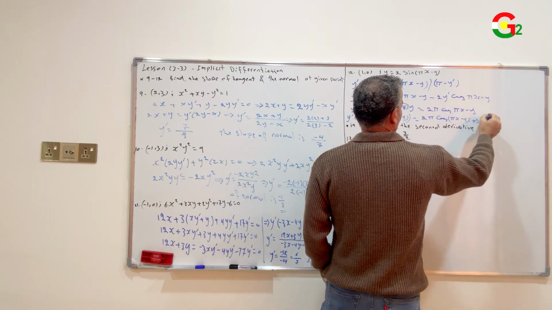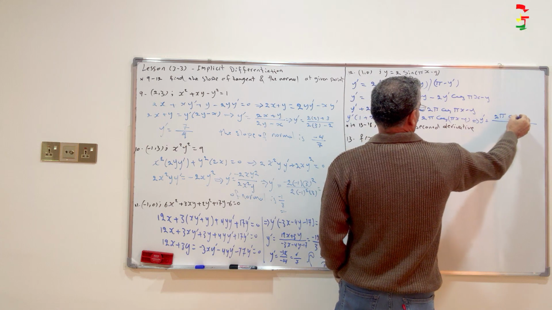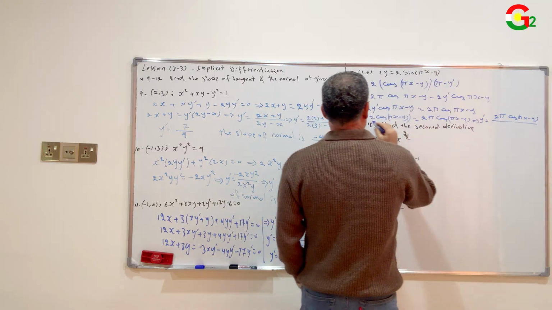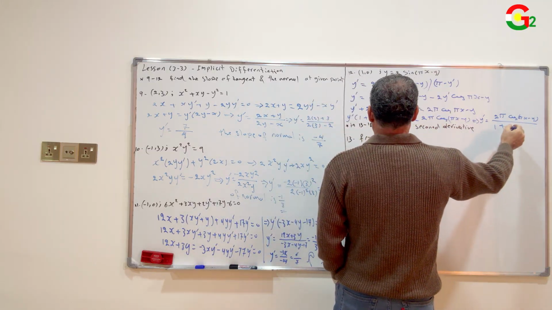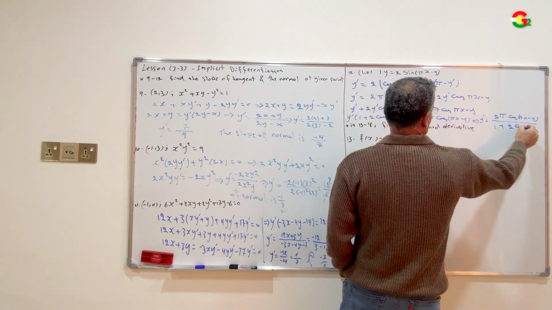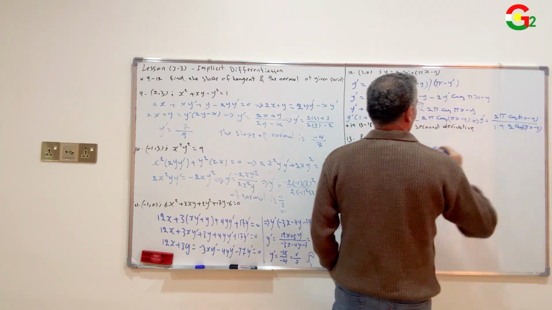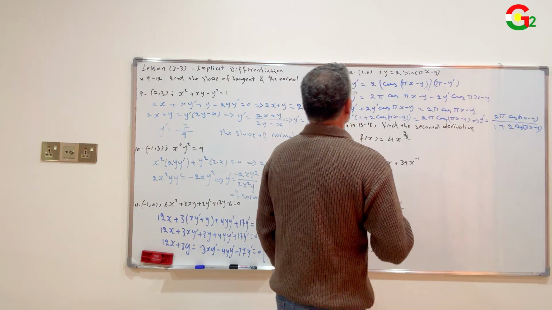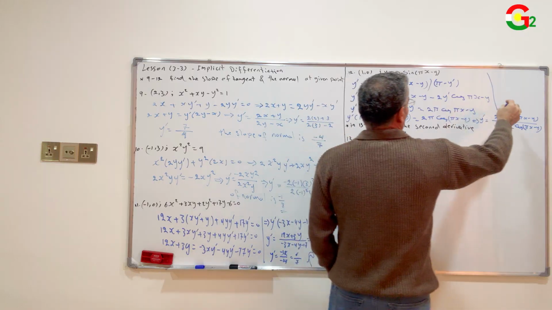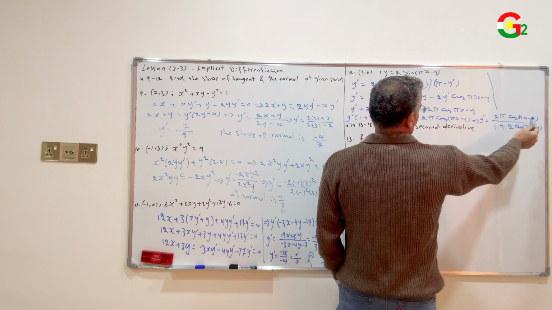Then y prime equal to 2 pi cosine pi x minus y over 1 plus 2 cosine pi x minus y. At the point 1, 0, replace every x with 1 and every y with 0, sorry.